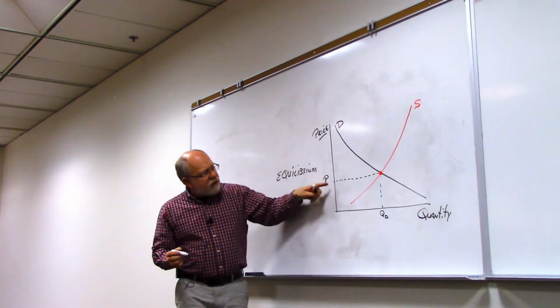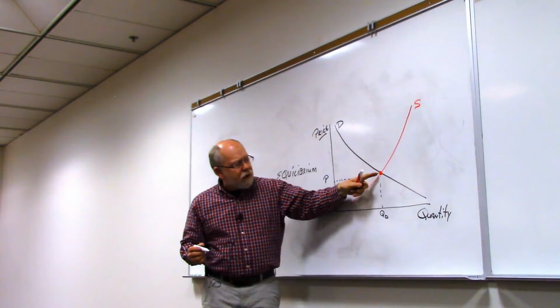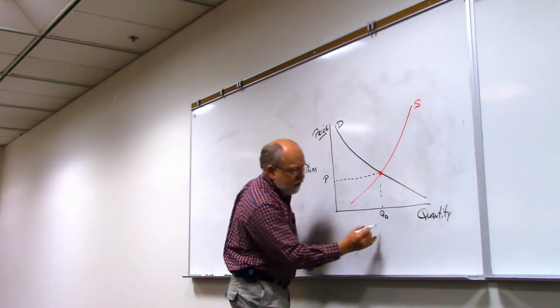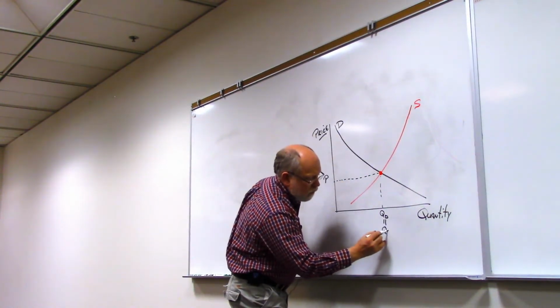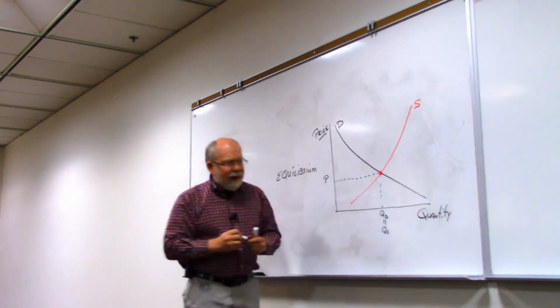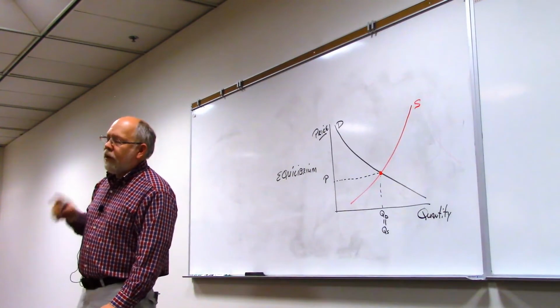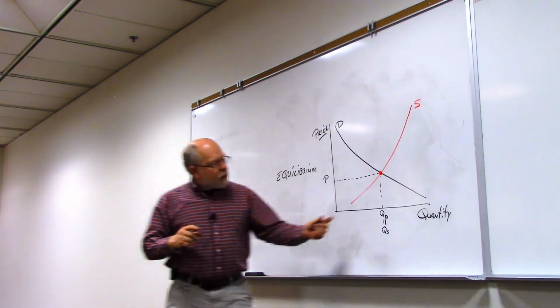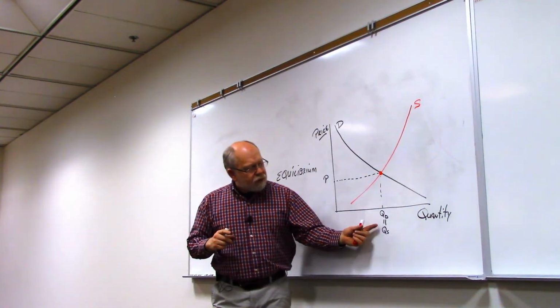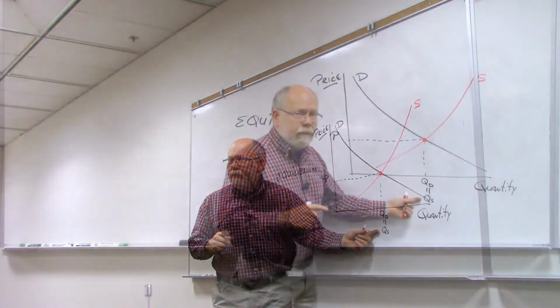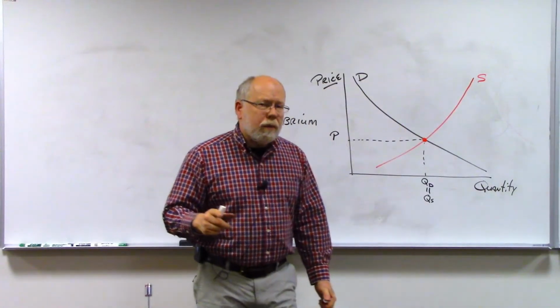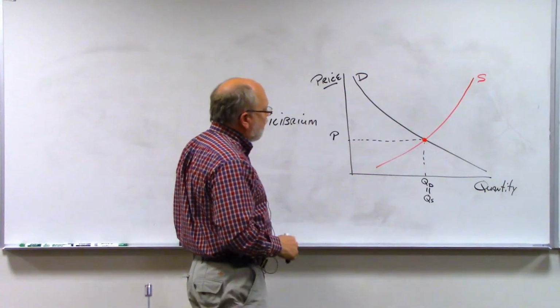And if we ask this price and hit the supply curve at that price, lo and behold, we find that there is one and only one price at any one point in time at which quantity demanded equals quantity supplied.